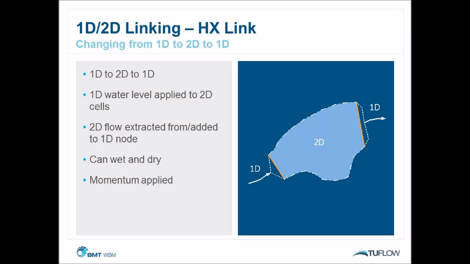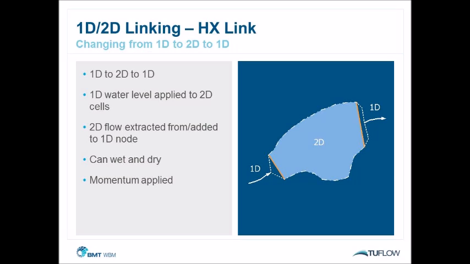So the objective was to have a 2D model in your area of interest, and then the rest of the tidal system you would model in 1D. And tidal modelling is quite important to model the whole system, otherwise you just don't get the right exchange of water coming through into your estuarine area.